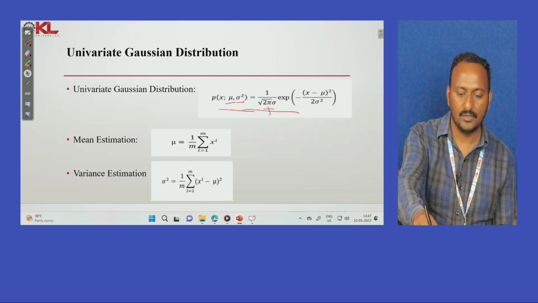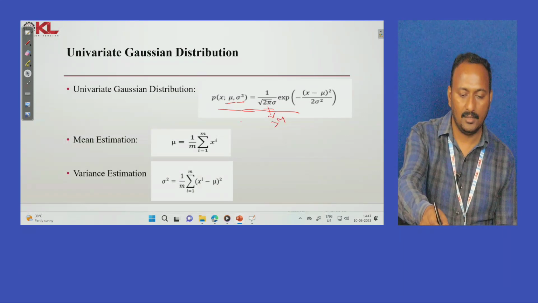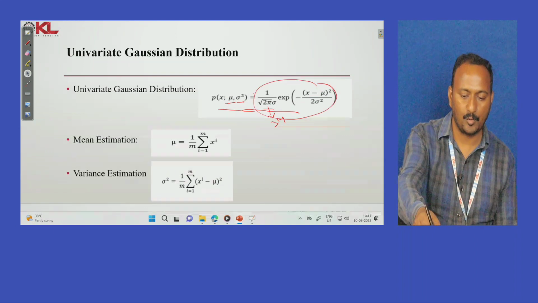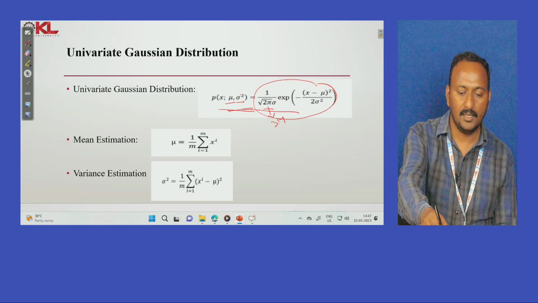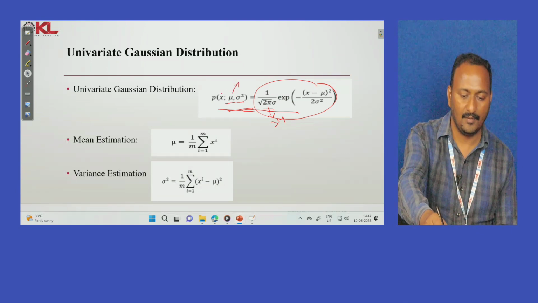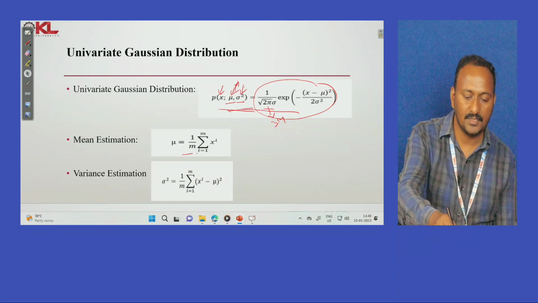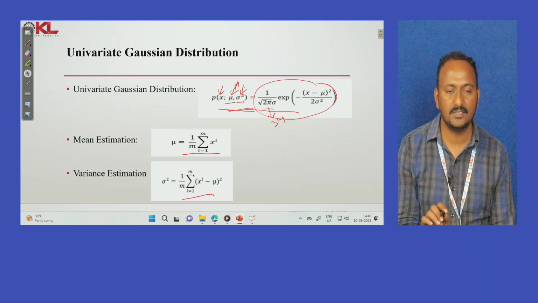Here the pi value is a well known constant, that is 3.14, and this entire thing is giving a probability density function. We are saying it's the Gaussian distribution function, and it depends upon our data instances x, the mean of our sample data and the variance of our sample data. These are the formulas for the mean estimation and variance estimation.